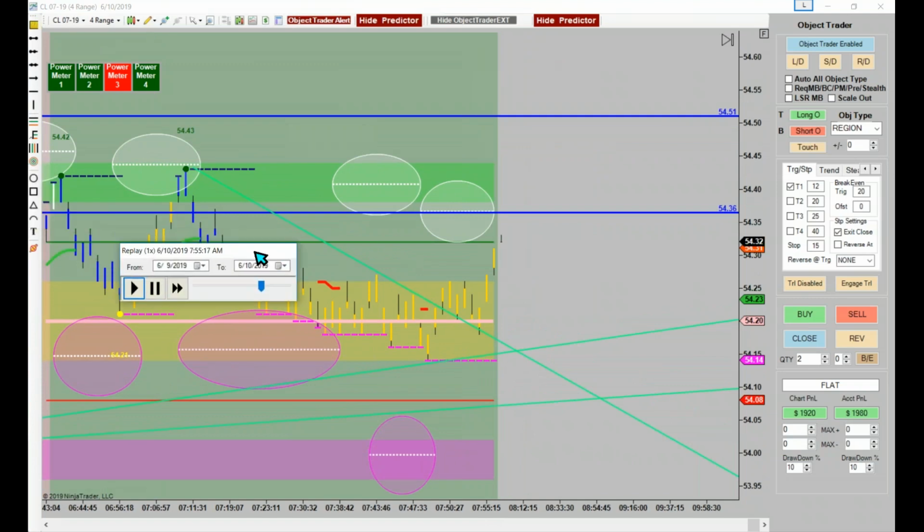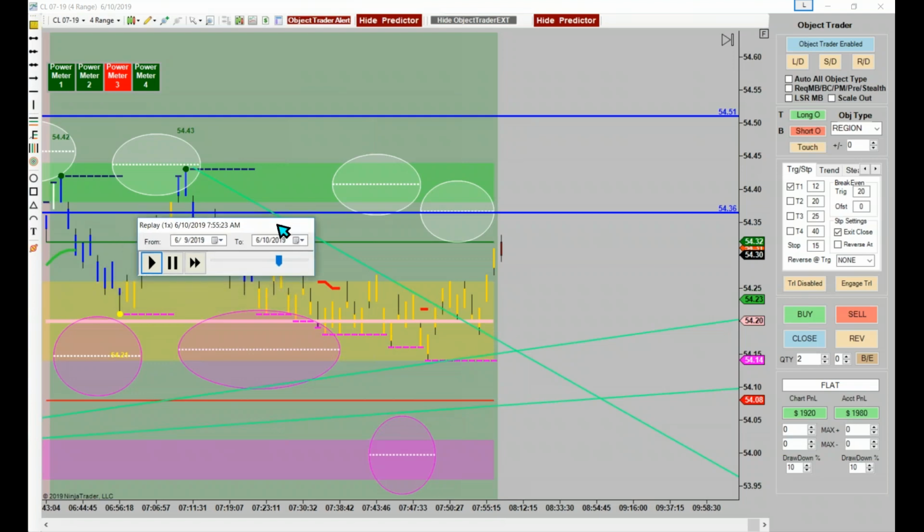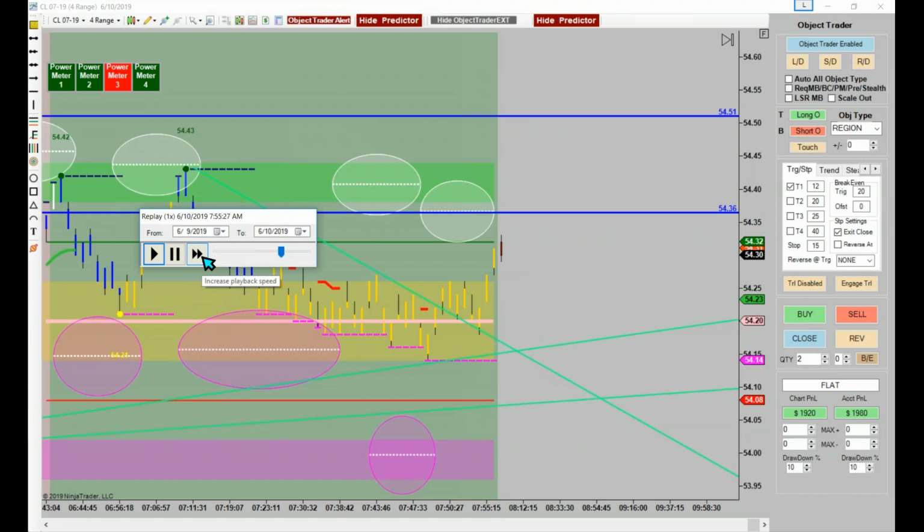Okay, you got a quick little pop long. Everybody see that? Above the little trend line. And it's just now 7:55. Our little box draws in 3 minutes. Let's fast forward a little bit. And there's our little box.